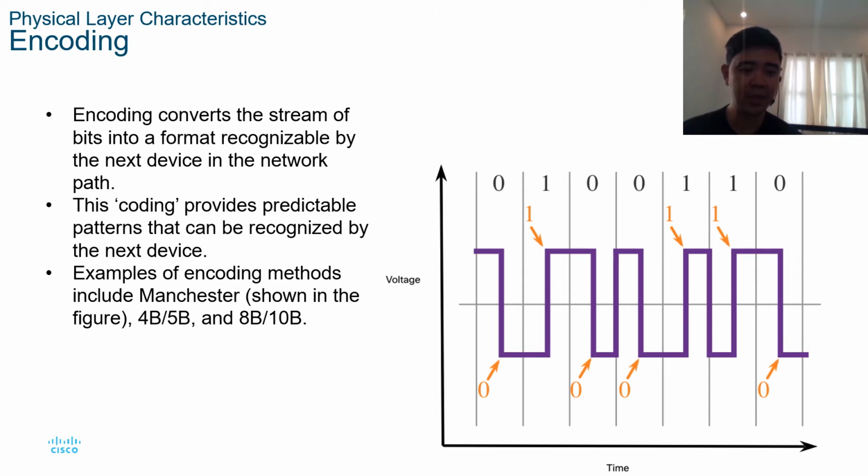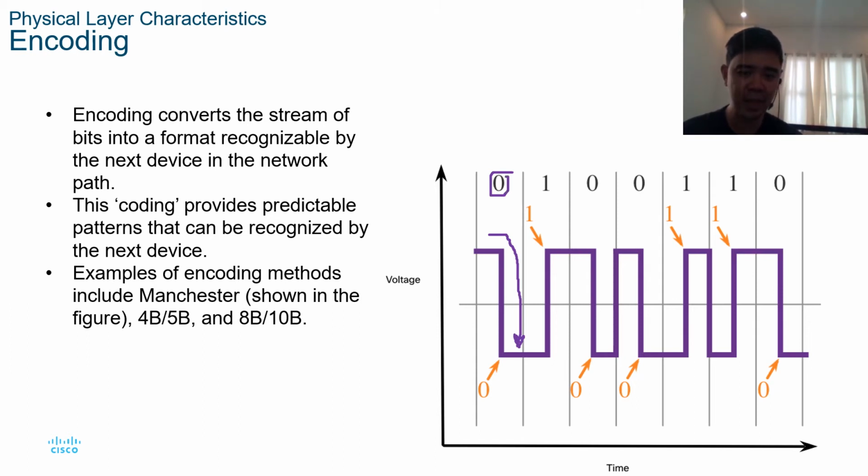For example, Manchester. This diagram here is Manchester. In the way 0s and 1s are interpreted, the Manchester encoding will read the signal at the middle of each bit period. If there is a falling voltage or a drop in the voltage, like this one, there is a drop here, from high to low, that's what we mean by drop, it will be interpreted as 0.